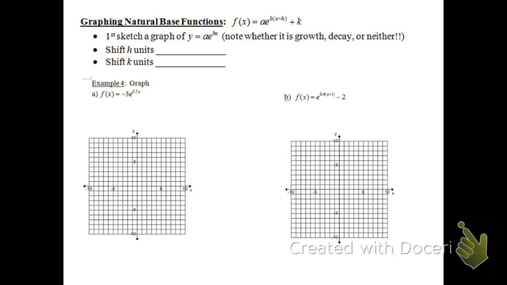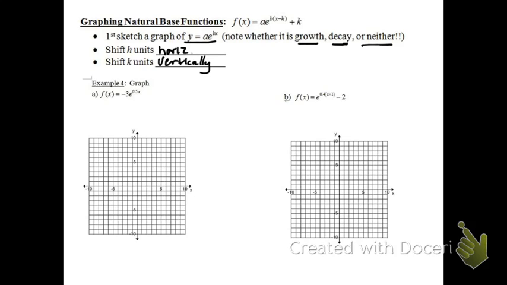Please keep in mind the parent function, once again, as always, just ignores h and k, which leaves you then with the following. It helps at that point to note whether the function is going to be growth, decay, or neither, so you know you're graphing it correctly. And then just remember, you will want to shift accordingly. So I'm going to shift h units horizontally and k units vertically.